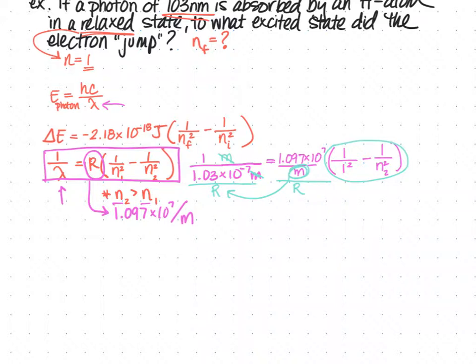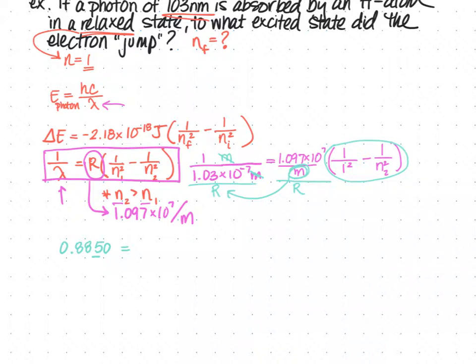Okay, so if I divide 1 over the wavelength, and then divide that by R, I should get a value of 0.8850. I think we want 3 sig figs, and that is without a unit.